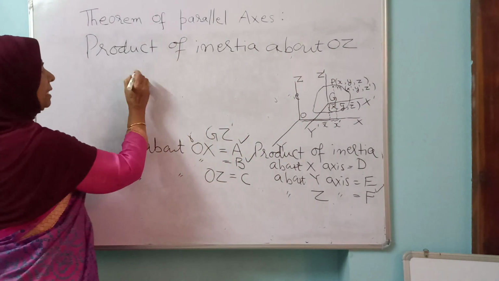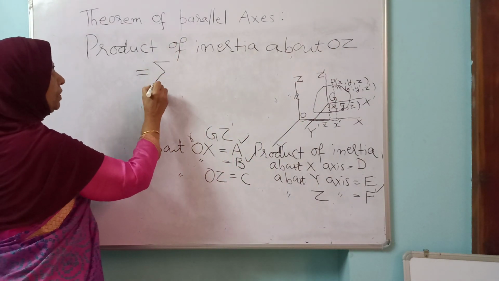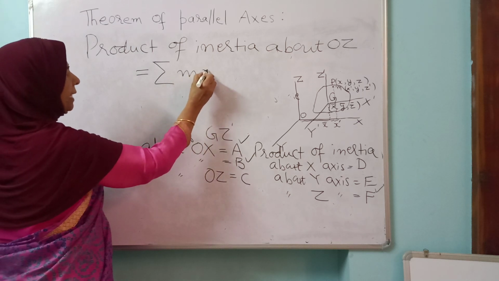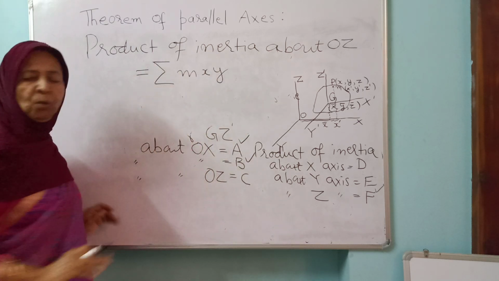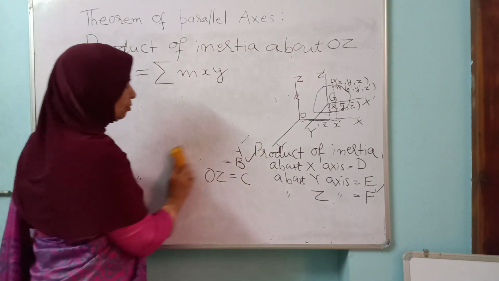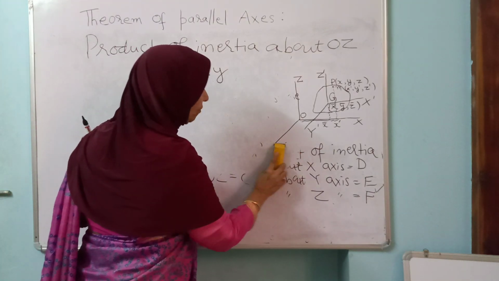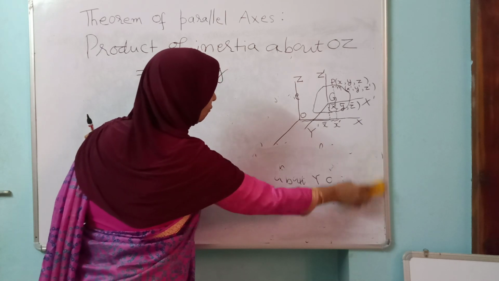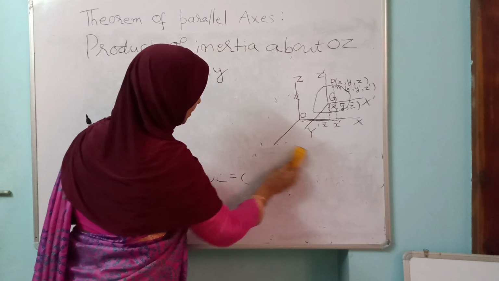What will it be? It will be summation of M x y. Again you have to put the values of x and y in terms of bar and dash.